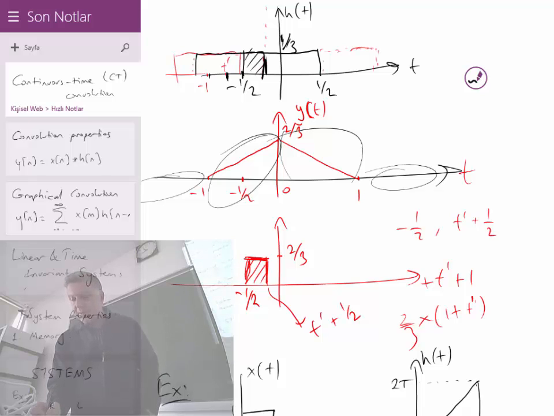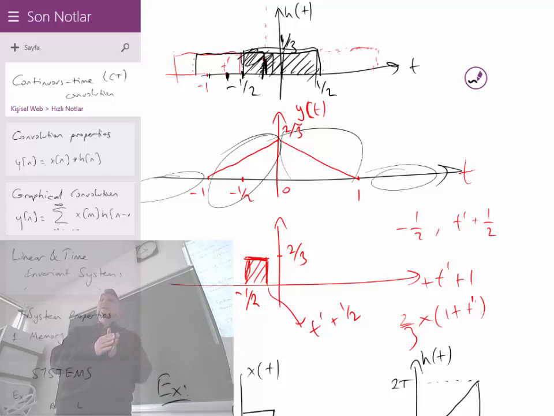So we have some overlapping region here, and that overlapping region is the one you have to evaluate to find the area underneath. And when you push this t prime further to the right, the amount of overlap will be even larger. And when t prime becomes 0 in the center, they will completely overlap with each other.